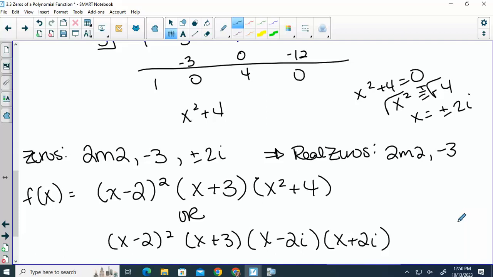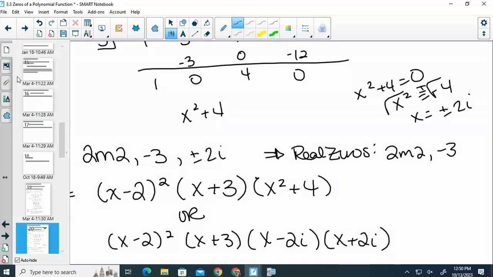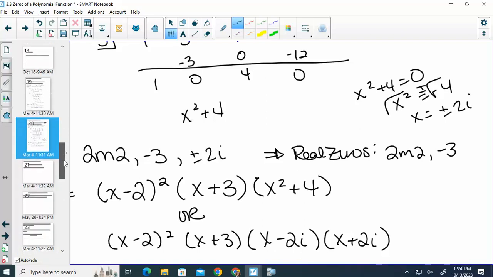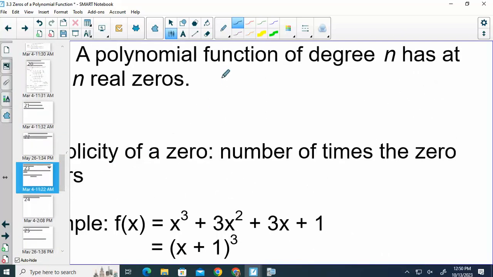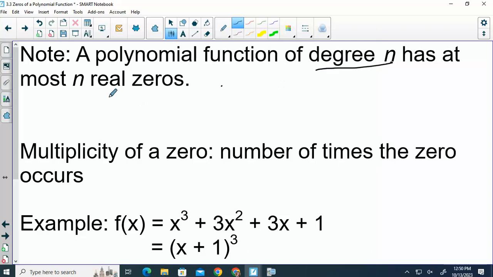Then let's get to this one. Okay, so the degree gives you the number of zeros. It says at most real zeros. The degree will give you the total number of zeros, but some could be imaginary.